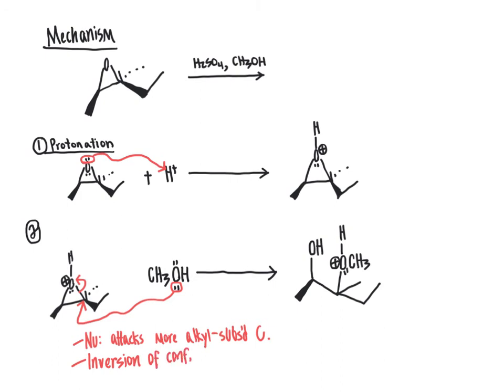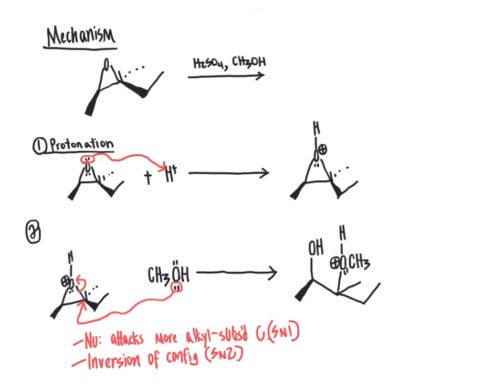So this particular mechanism under acidic conditions, the epoxide ring opening, is very much like a hybrid of an SN2 reaction due to the inversion of configuration that's observed, and SN1 due to the fact that the nucleophile attacks the more alkyl substituted carbon. So it's really, you could think of it as kind of a hybrid mechanism.